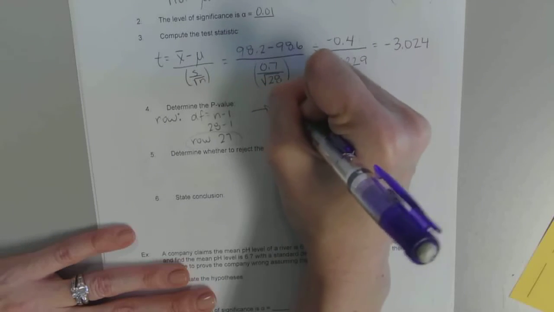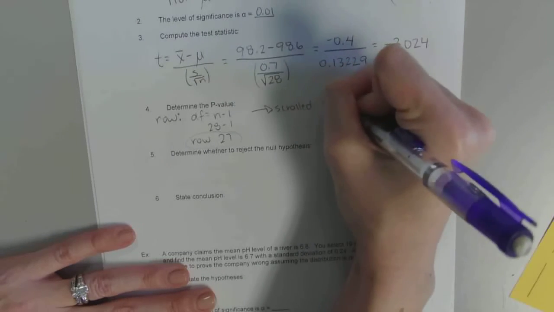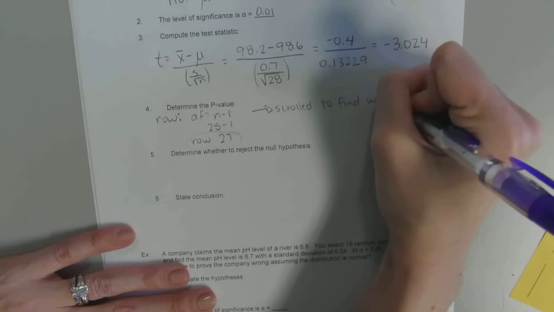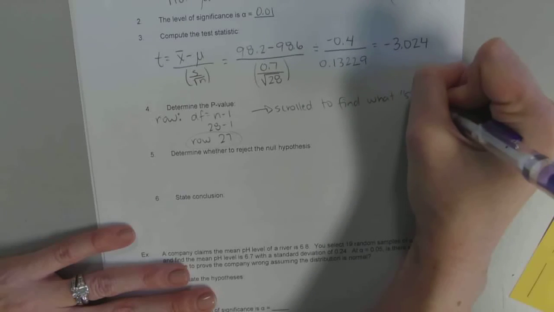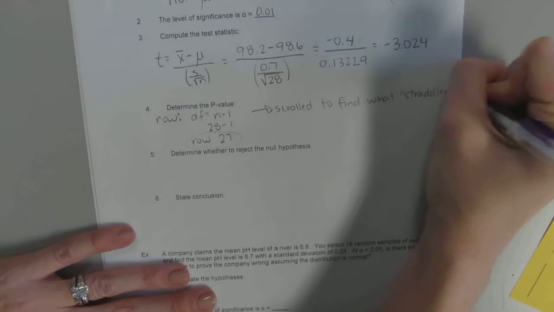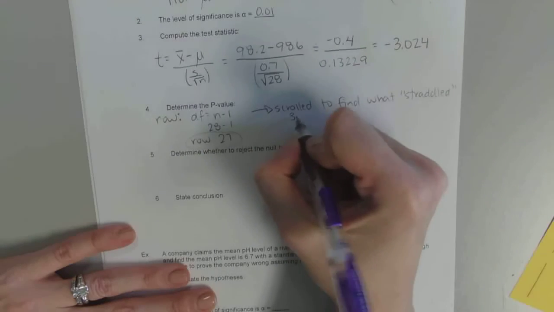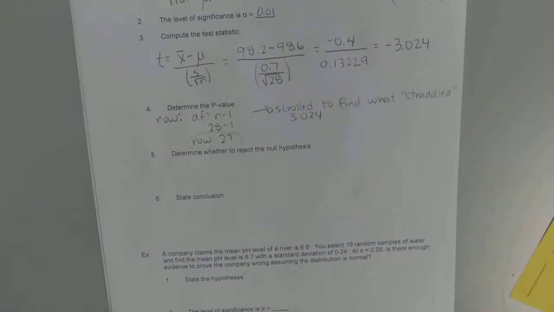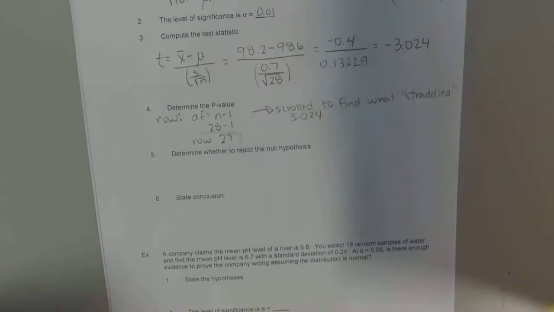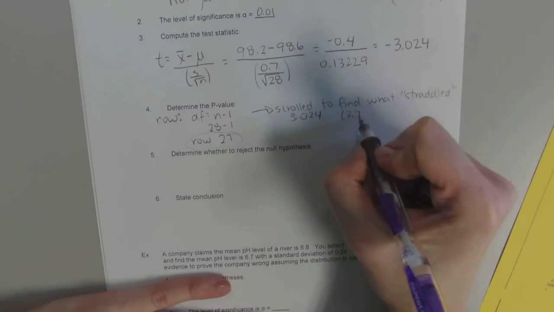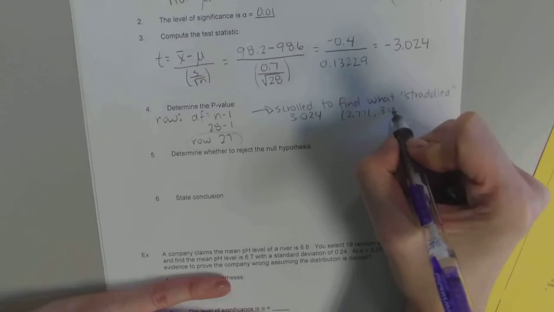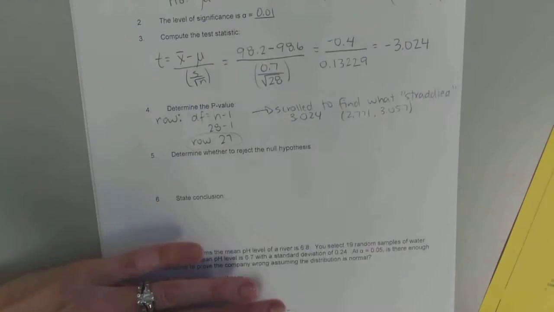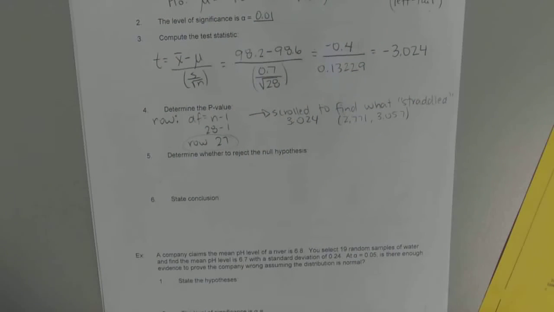And then we scrolled to find what straddled 3.024. Okay, so we found, what was it, 2.771 and 3.057. Is that our answer? No, that's just getting us to the right point to where to look, right?